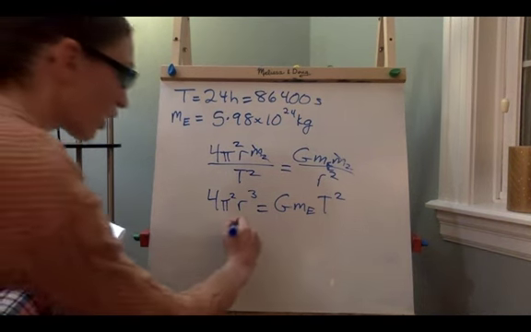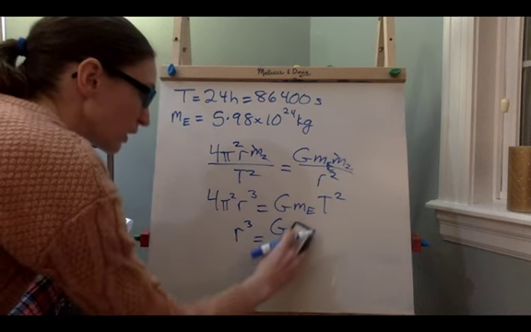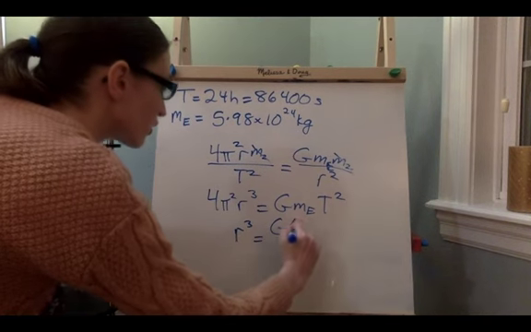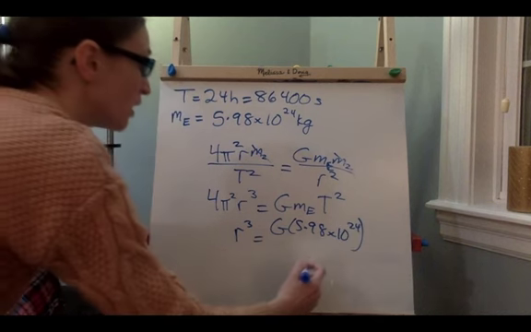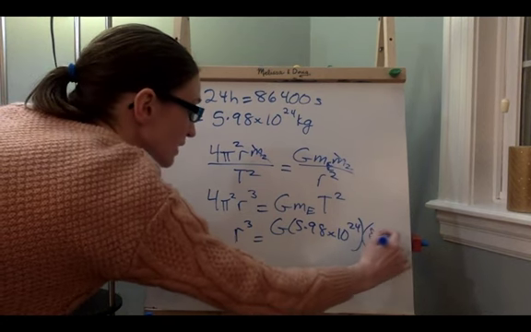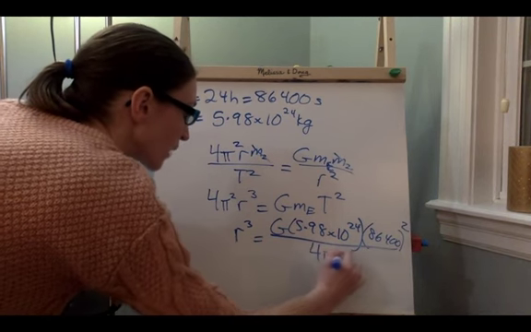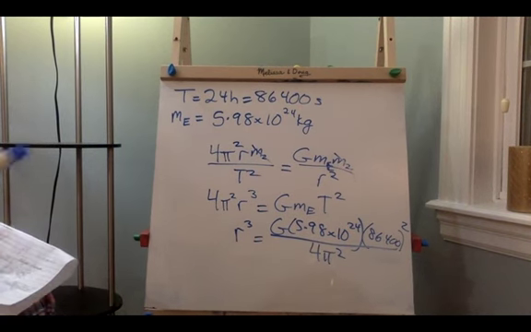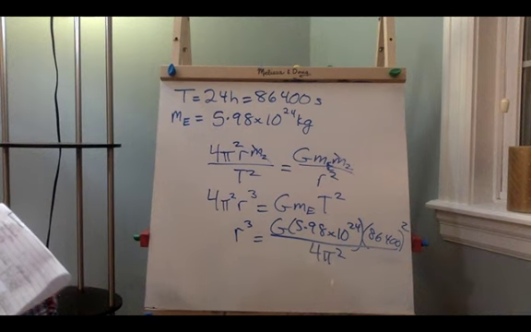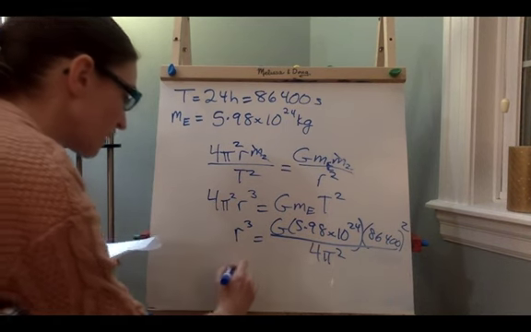So at that point, we're looking for r, so we can say r cubed is going to be G times, I'm just going to start plugging in my actual numbers at this point, mass of the Earth, which is my 5.98 times 10 to the 24, multiplied by my time, 86,400 squared, divided by the 4 pi squared, okay? So you would calculate that, the G being 6.67 times 10 to the negative 11, multiply that all out, divide it by your 4 pi squared, and then cube root it, okay?